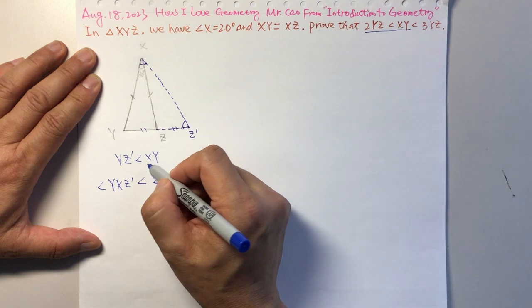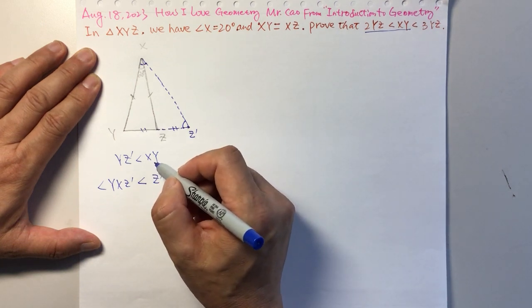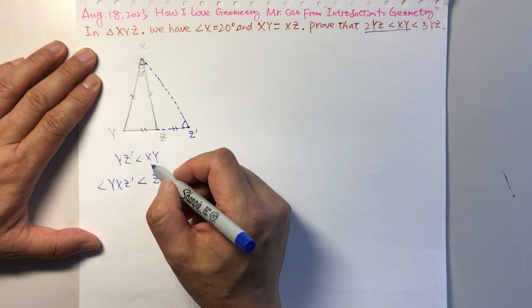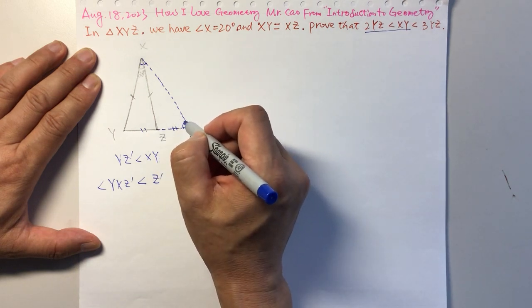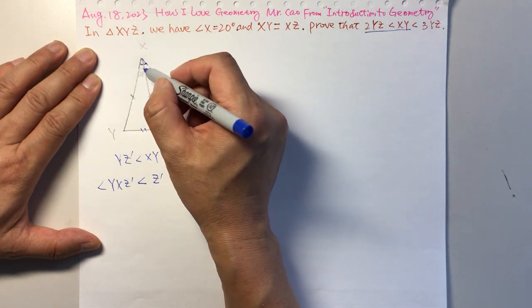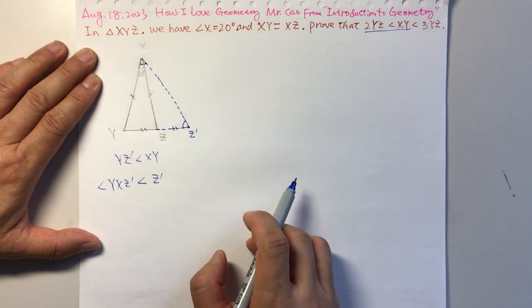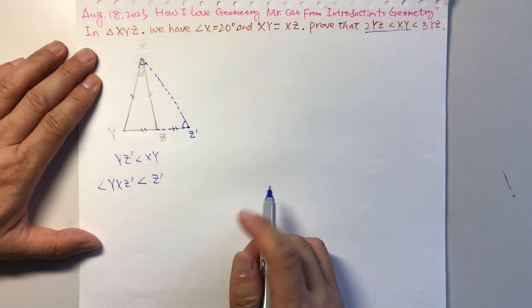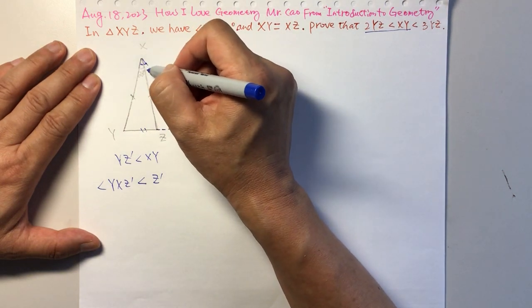It means in a triangle, the opposite side of a greater angle will be longer. So we just need to prove this angle is greater than this angle, okay?